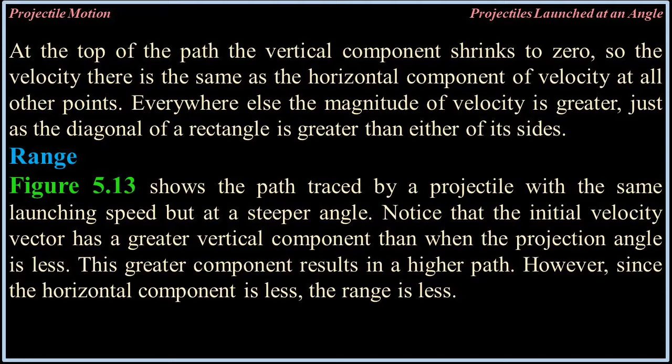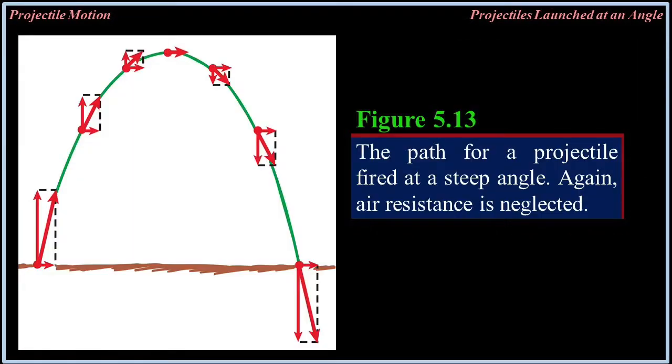This greater component results in a higher path. However, since the horizontal component is less, the range is less. Here is Figure 5.13, the path for a projectile fired at a steep angle. Again, air resistance is neglected.